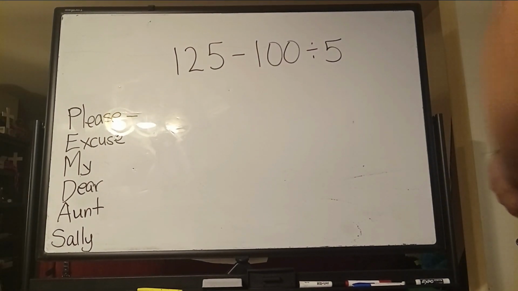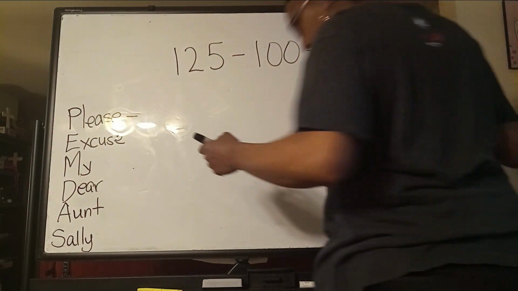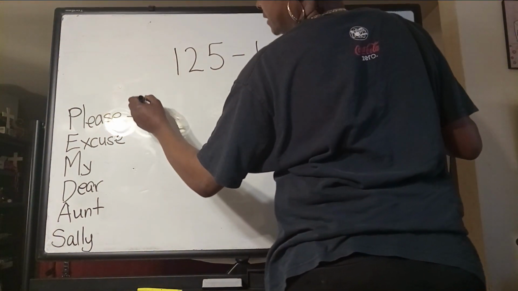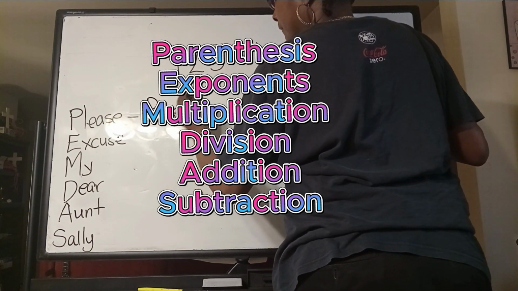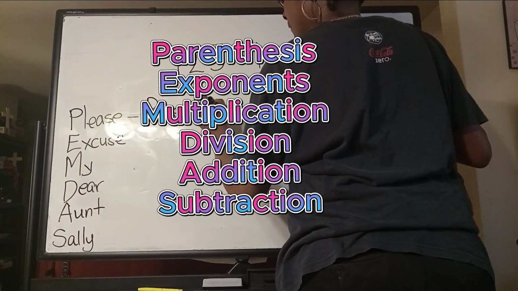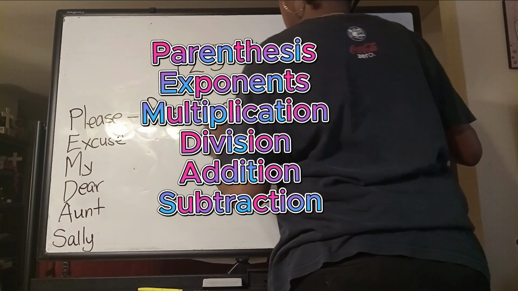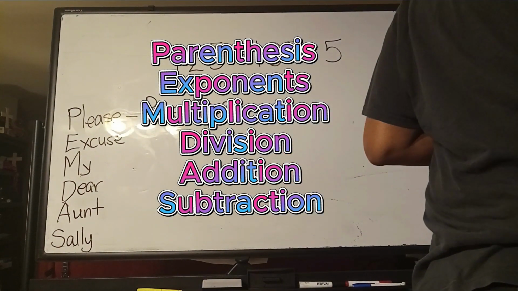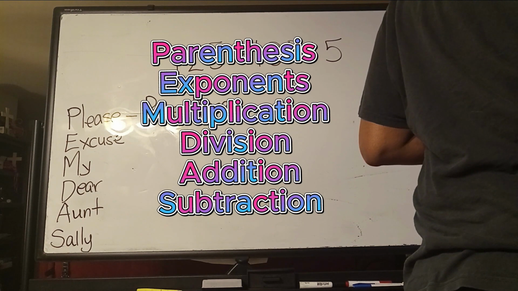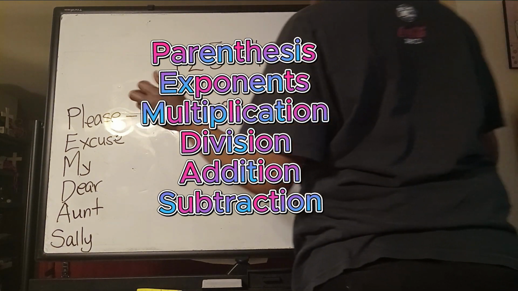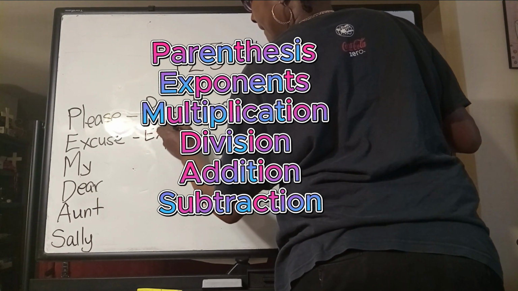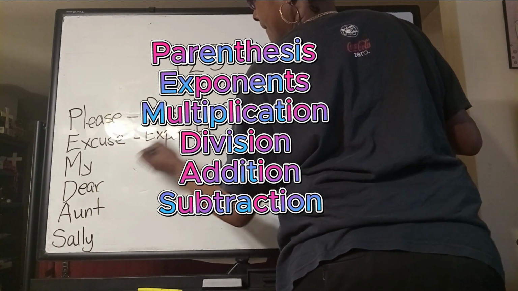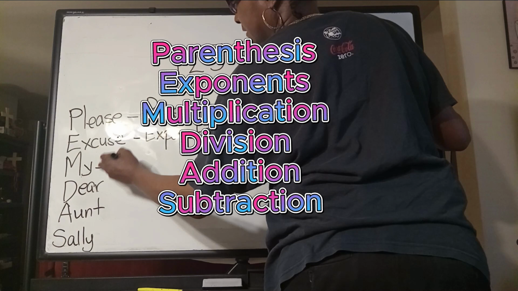So now that we have that to remember, we're going to put in what it stands for. The please stands for the parentheses. And then we have excuse, and that stands for exponents. We have the my, and that's for multiplication.